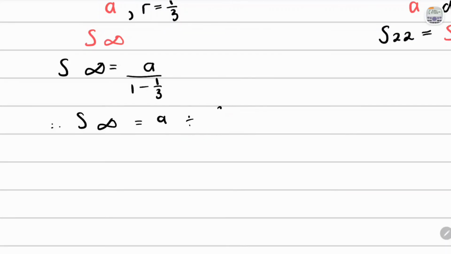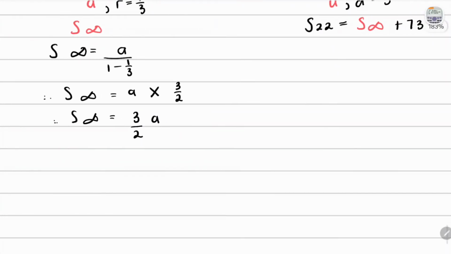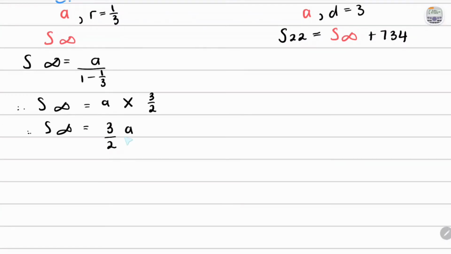So you would tip this, meaning swap the numerator and denominator, and change the division to a multiplication. So that means that the sum to infinity is equal to 3 over 2 times a. Okay, so we know what the sum to infinity is here, and we know that a here is a here as well.